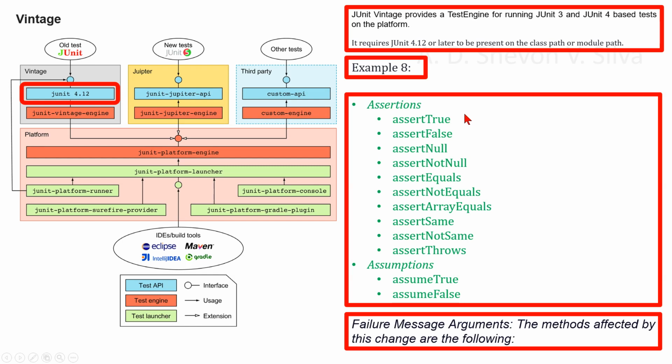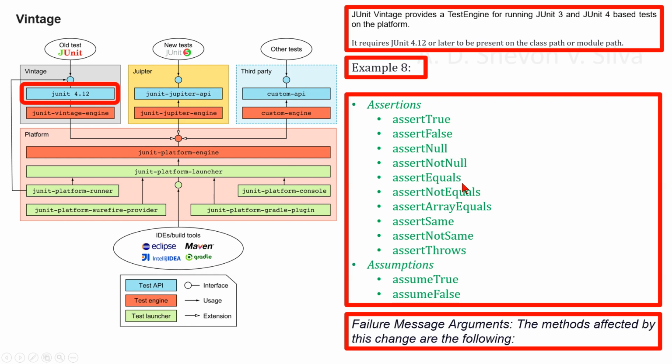For instance, the method assertEquals in JUnit 4 is declared as assertEquals(String message, Object expected, Object actual), but in JUnit Jupiter is declared as assertEquals(Object expected, Object actual, String message).